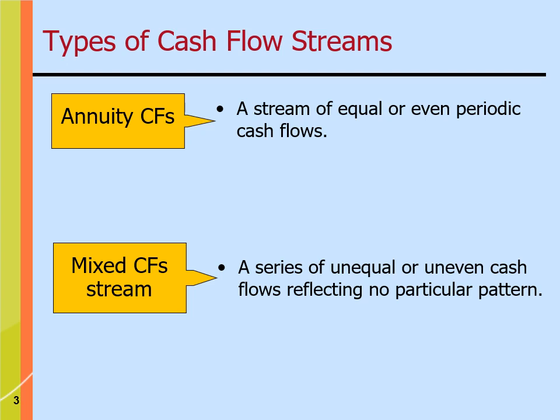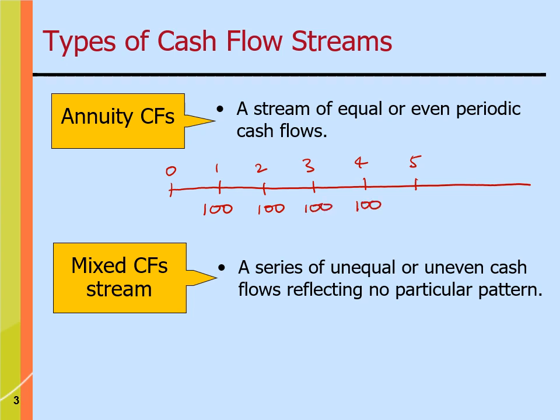So, an example of even cash flow is what I show here. You will have equal cash flow in every period. For example, here you have 100 ringgit for every period.